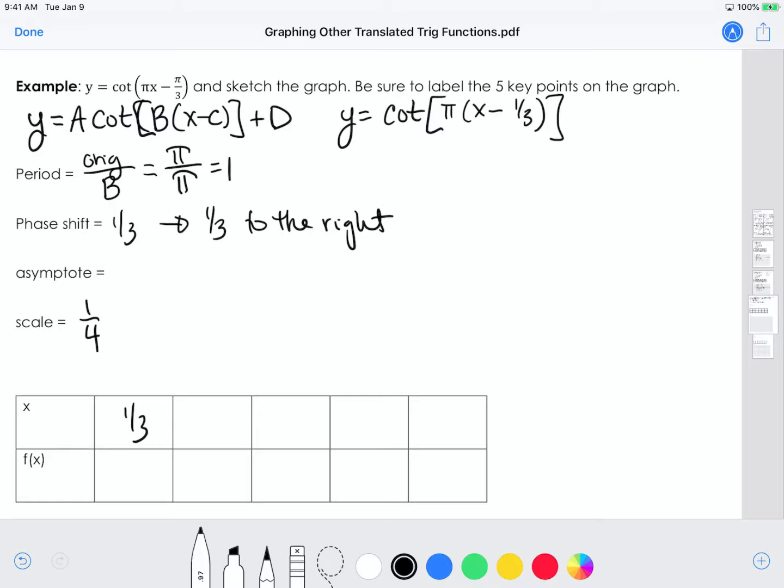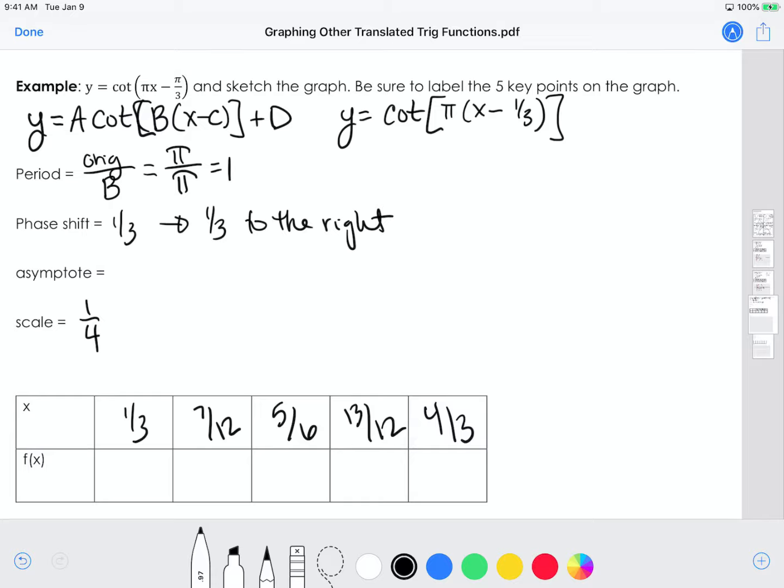So if I take 1/3 and I add 1/4, that's going to give me 7/12. And then if I add 1/4 again, that's going to give me 5/6. And then again, that's going to give me 13/12. And then one more time for my last point, that's going to give me 4/3.